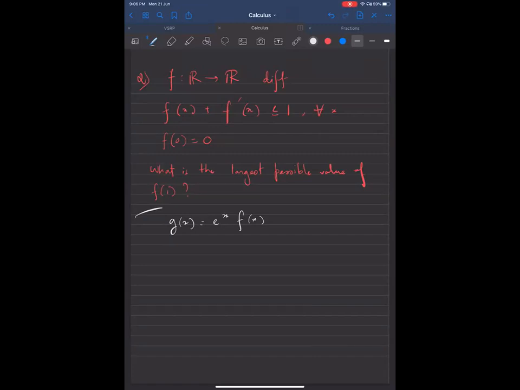No, we should define g(x) such that the derivative should be less than or equal to 0. So we have to modify it a bit. I am thinking. Yes, you are on the right track. So how can we make the function's derivative less than or equal to 0? Right. Exactly.